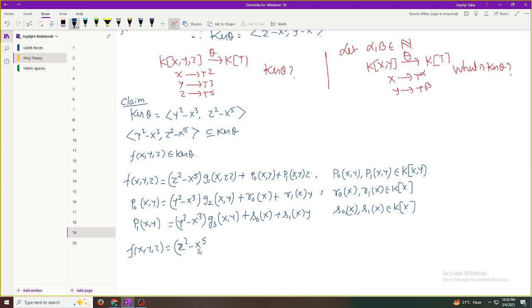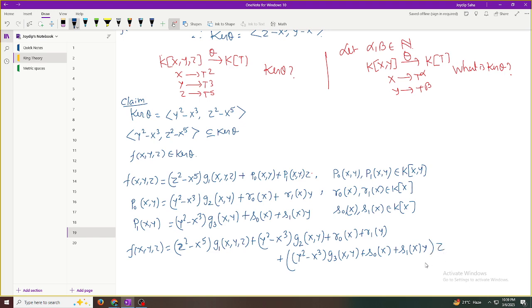Now apply this, so f(x,y,z) is (z square minus x to the power 5) g1(x,y,z) plus (y square minus x cube) g2(x,y) plus r0(x) plus r1(x)y plus (y square minus x cube) g3(x,y) plus s0(x) plus s1(x)y, whole thing into z, right?